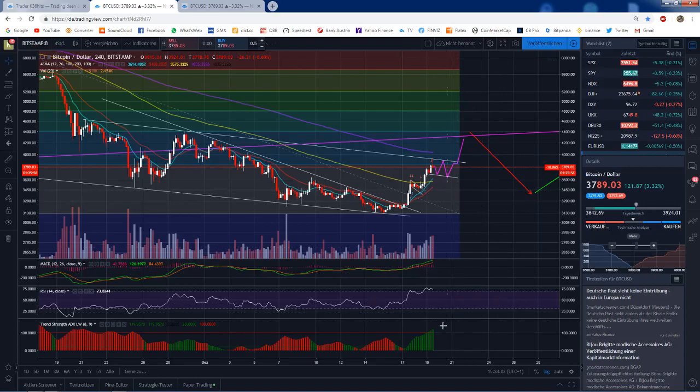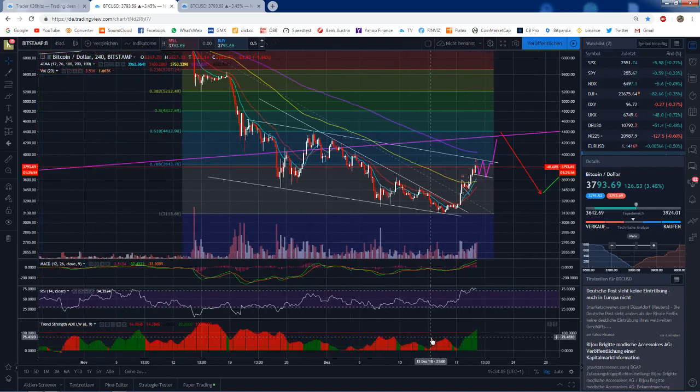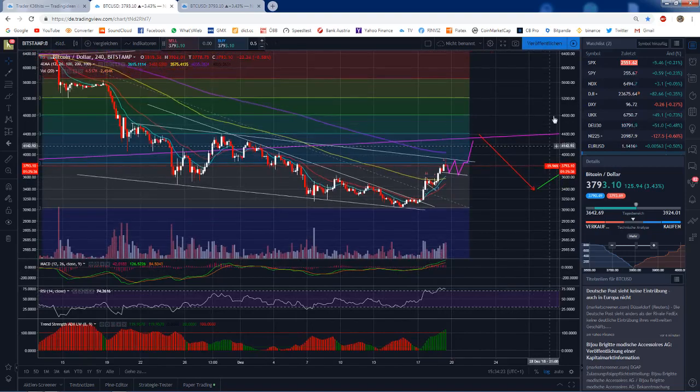Although we are already pretty extended on the RSI and on the ATX. On the ATX we still have room to go, since we just reached above 100, at least on the 4 hour. That's my outlook for Bitcoin.